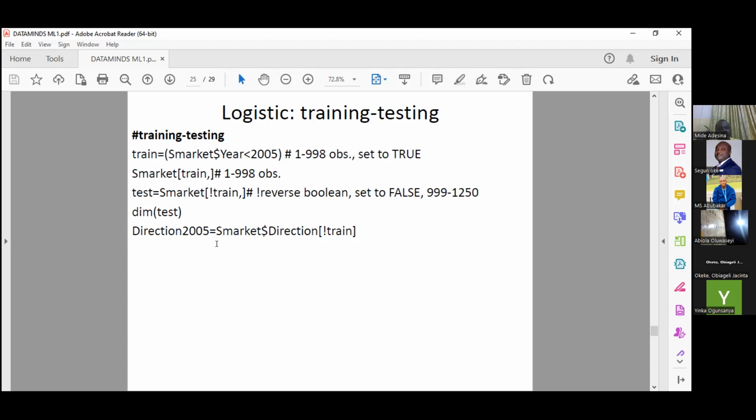Now, looking at the S market train, you can see it's just a replica of what we have there. Then for our test, when you see the exclamation mark, that is actually a reverse Boolean. So the reverse of 1 to 998 will now take 999 to 1250.